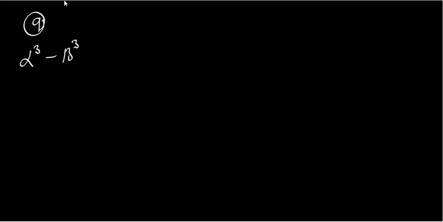So this type of identity, where did it come from? It came from this side again, right? This side again. So in short, this type of identity, it is like this: alpha cubed minus beta cubed, like that, right?